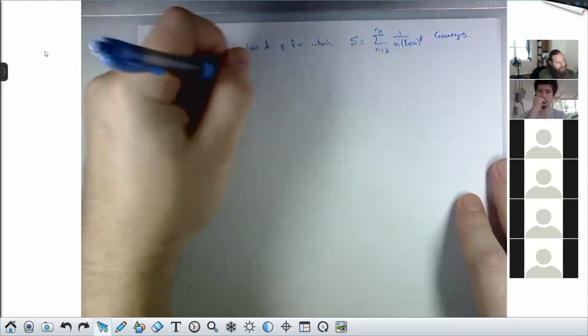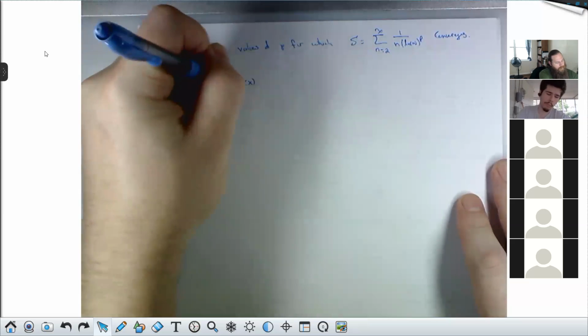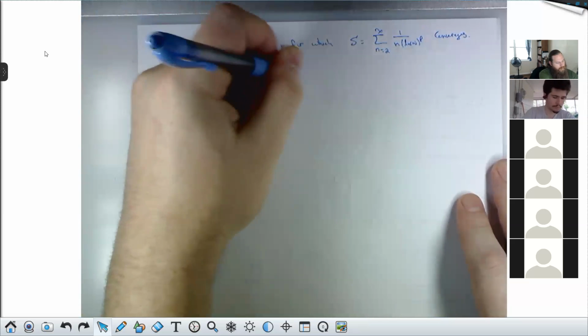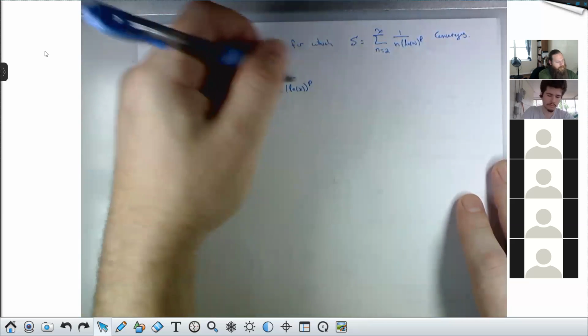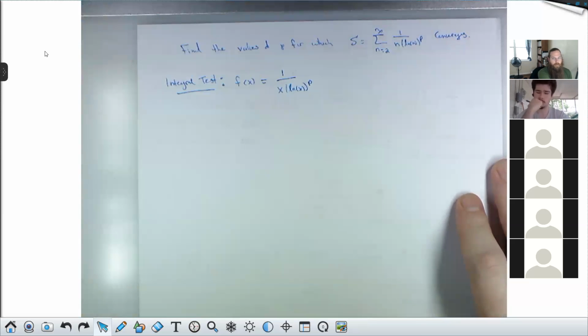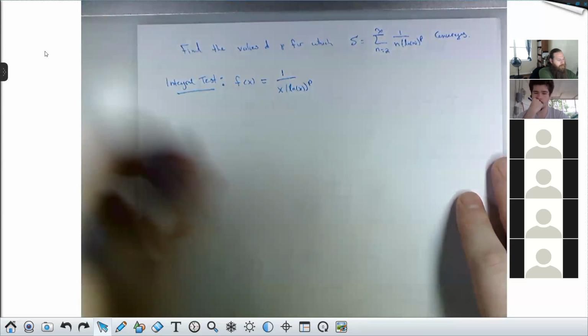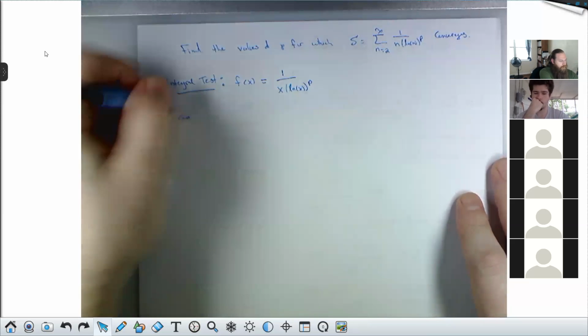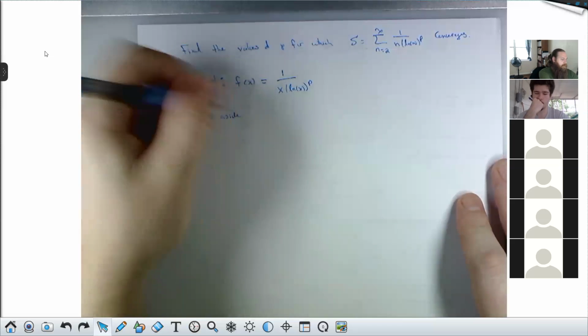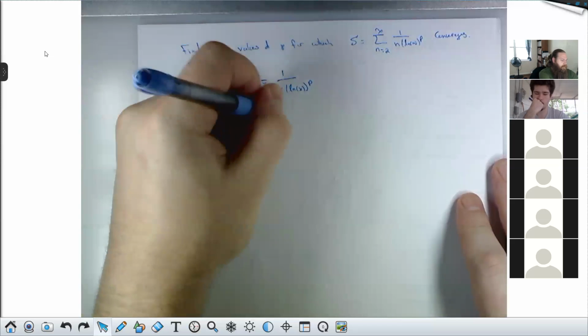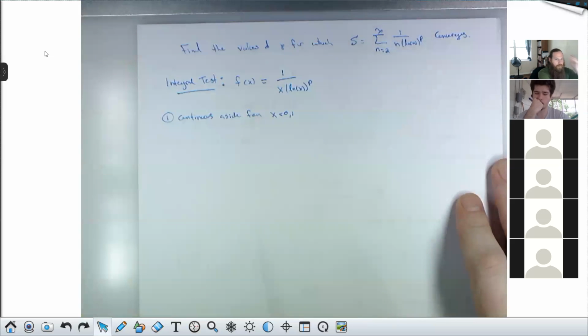F of x here is 1 over x times the natural log of x all raised to the p. The continuity, positivity, and decreasing arguments are identical to the first problem we did in class today. We're continuous aside from x equals 0 and x equals 1.